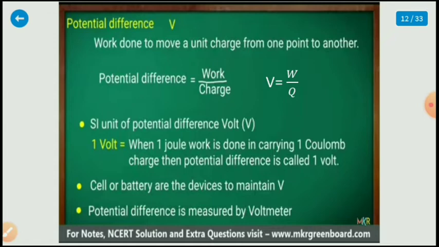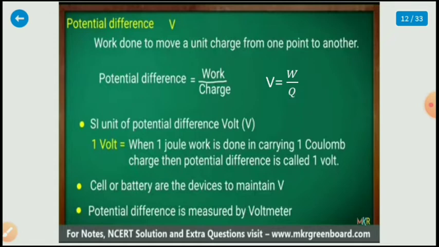So potential difference is equal to work by charge, symbolically V is equal to W by Q. V stands for the potential difference, W is for work done, and Q is for the charge.